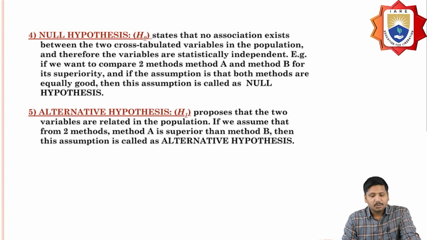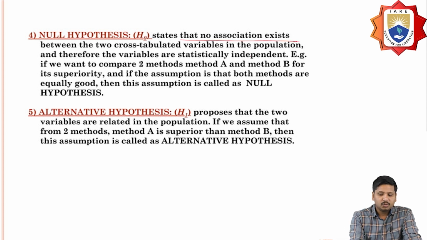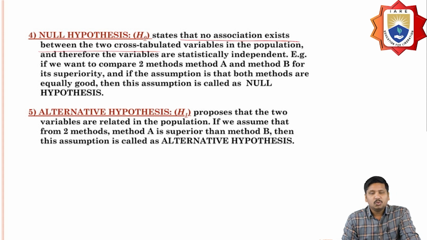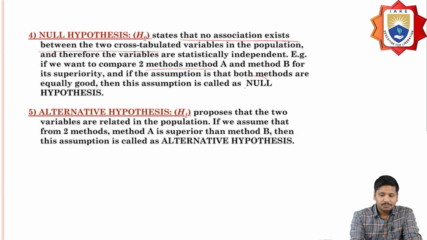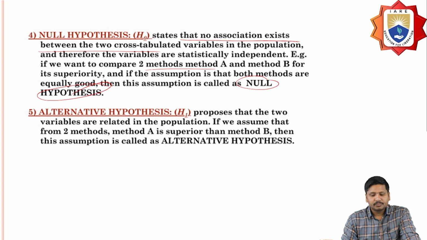And next is the null hypothesis, and what is the alternative hypothesis? We'll see now. The null hypothesis states that no association exists between two cross tabulated variables in the population, and therefore the variables are statistically independent. For example, if you want to compare two methods, method A and method B, for superiority, and the assumption is that both methods are equally good, this assumption is called the null hypothesis.